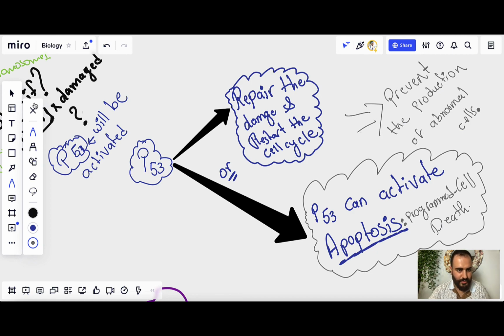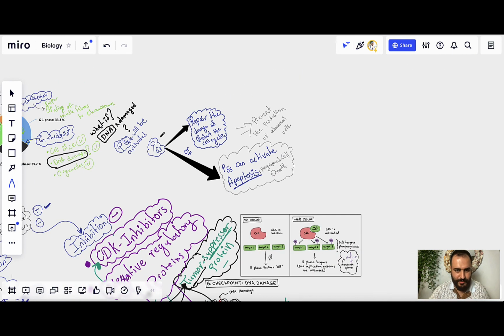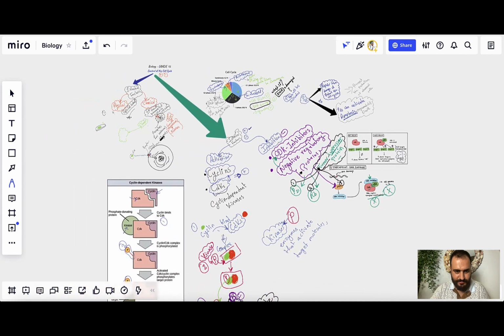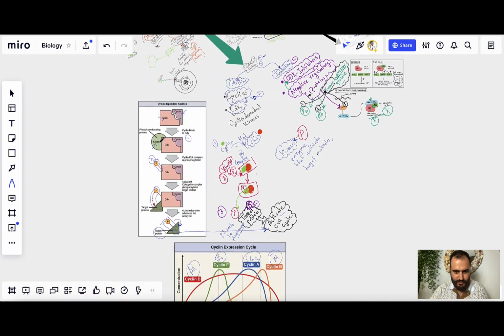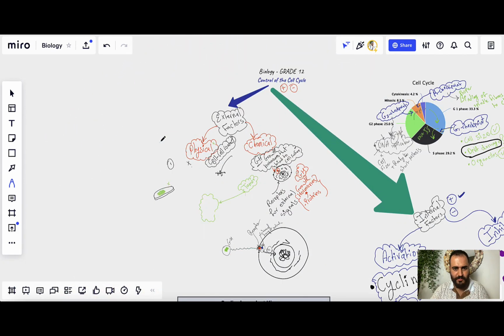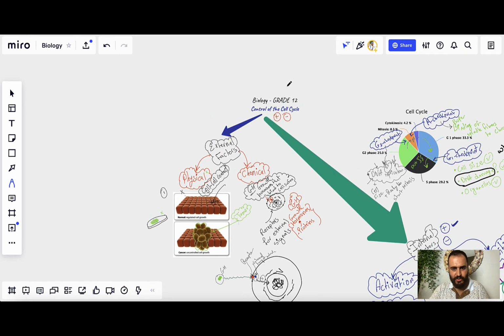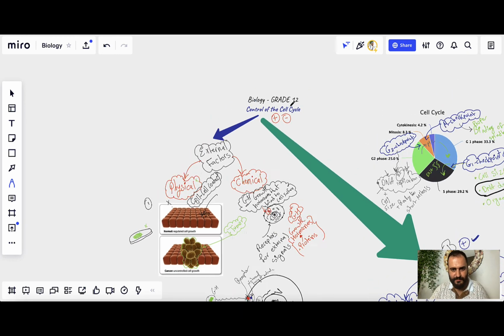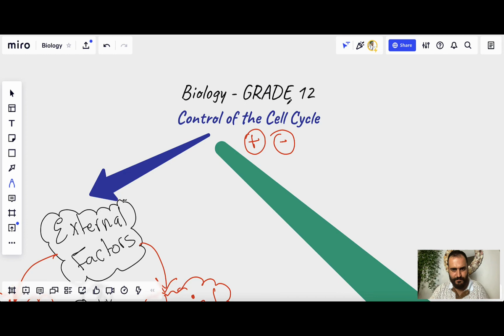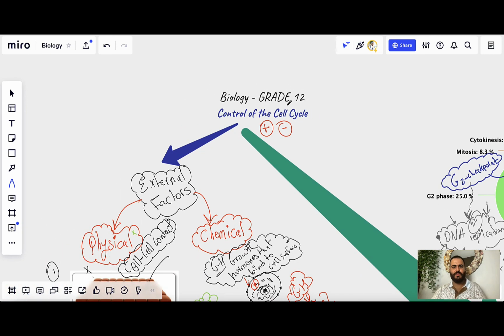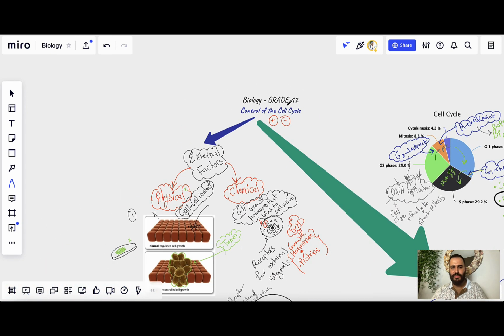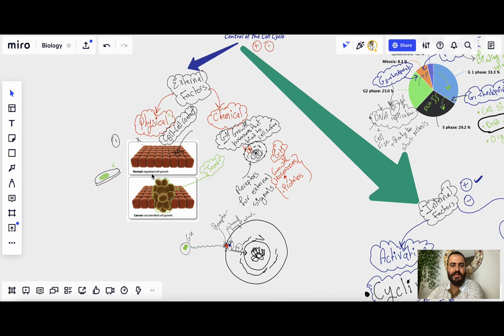So to recap all what we have explained quickly, let's go back to our title, control of the cell cycle. The cell cycle can be controlled by external or by internal factors. The external factors include physical and chemical signals.